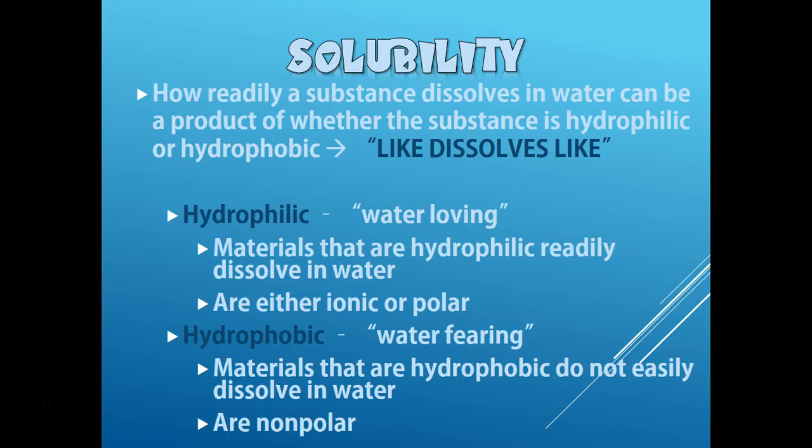When we talk about hydrophilic substances, these are things that are either ionic, because they've got those charges, or polar, and so they've got partial charges. Either way, those charges exist in that solute, which means they get to interact with the partial charges in water as a solvent.